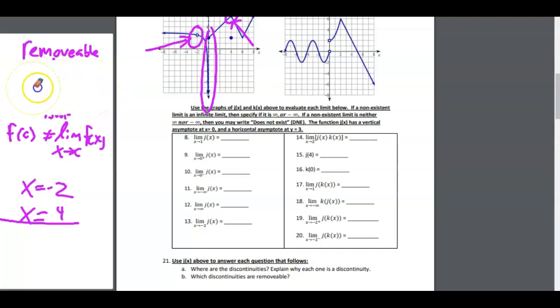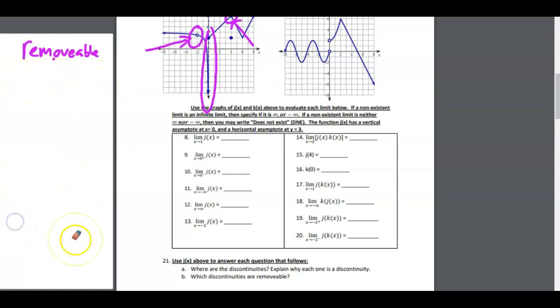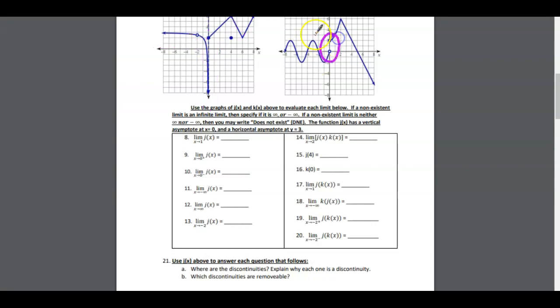So this is the technical way to write it, but here's how you can tell the answer. Removable discontinuities look like holes. That's it. So that's a hole and that's a hole. Now this is not a hole, right? Because it's a jump discontinuity. But hopefully you guys have the idea there. So it's when the limit exists, but it doesn't equal the value of the function at that point.